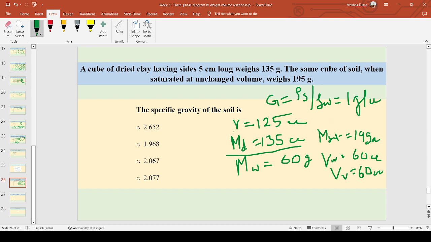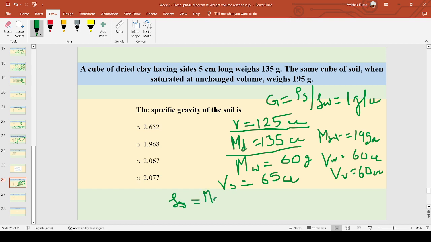This is the total volume of the soil. So volume of solid is how much? Total volume minus volume of the, I'm sorry, not the mass. I was first telling about the mass, but it is the volume. 125 minus 60, right? Yes, sir. So it is 65 cc. Now, what is rho s? Md by Vs, right?